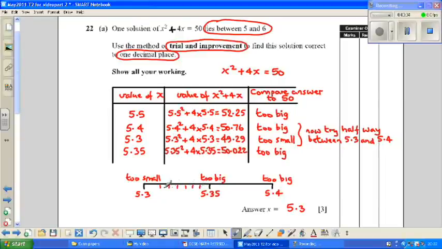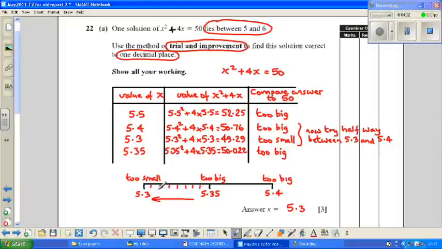We don't know exactly where, but we know that somewhere in this area of this scale is the correct answer, somewhere between 5.35 and 5.3. Now the thing about any answer in that part of the scale, it's always going to round down to 5.3. So 5.31 rounds to 5.3 to 1 decimal place.